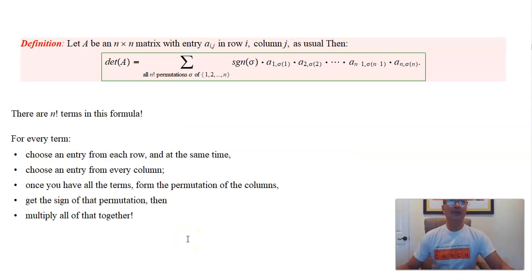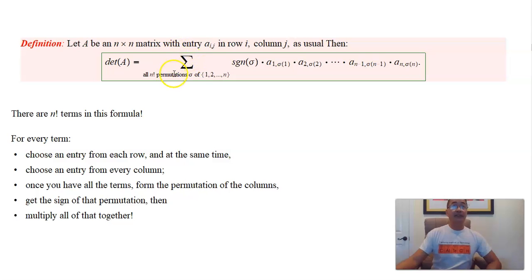Okay, so here is the formula for the determinant of an n by n matrix. It fits into one line, but obviously there's a lot going on in that one line. So, as usual, let Aij be the entry in the matrix A in row i, column j. Okay? So what is the determinant of A?